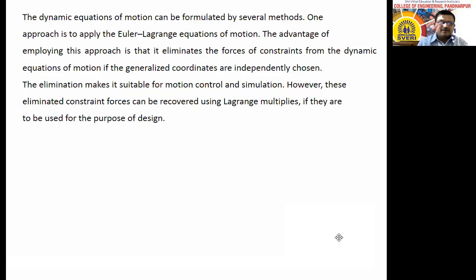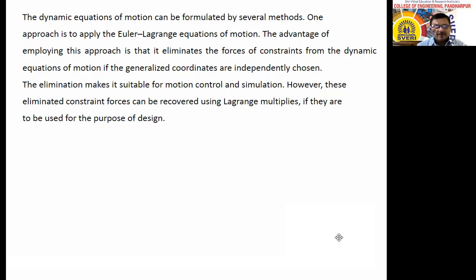The dynamic equations of motion can be formulated by several methods. One approach is to apply the Euler-Lagrange equations of motion. The advantage of this approach is that it eliminates the forces of constraints from the dynamic equations of motion if the generalized coordinates are independently chosen.